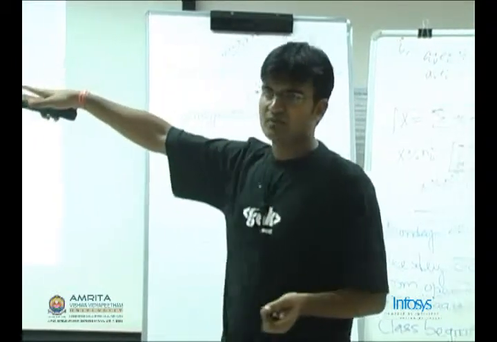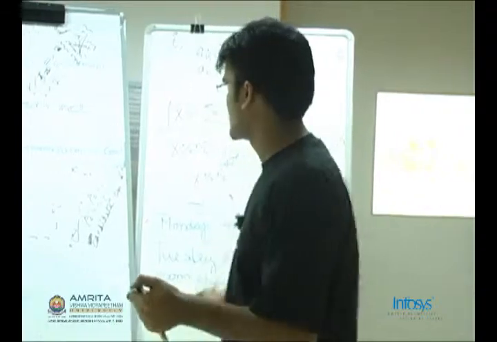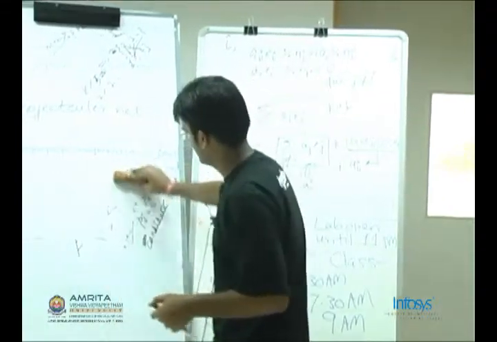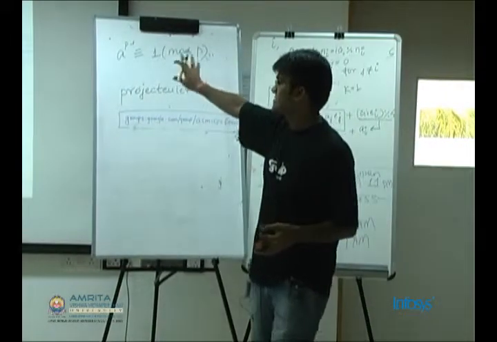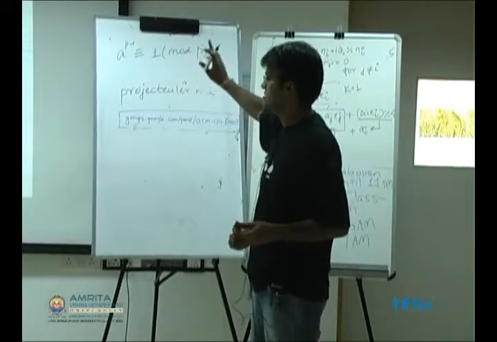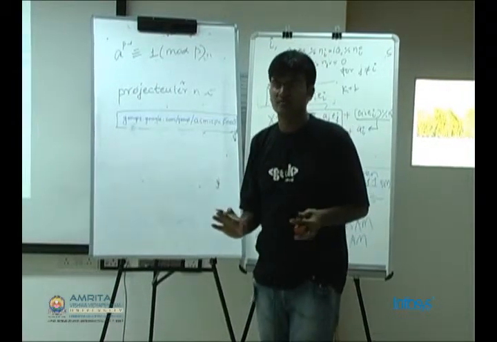So you guys know what Fermat's theorem is? We just discussed it. So a power p minus 1 is 1 mod p. Right? This equation holds for prime numbers. It may or may not hold for a composite number.